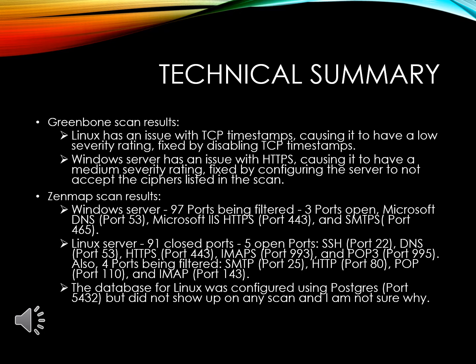Also, 4 ports are being filtered: SMTP, HTTP, POP3, and IMAP. The database for Linux was configured using Postgres, but did not show up in any scans, and I'm not sure why.